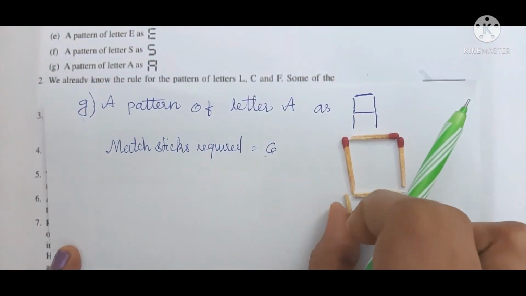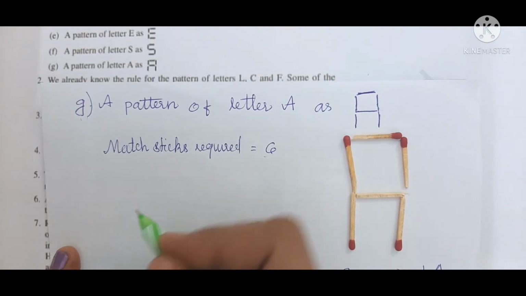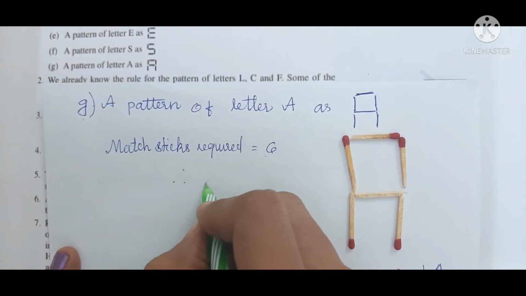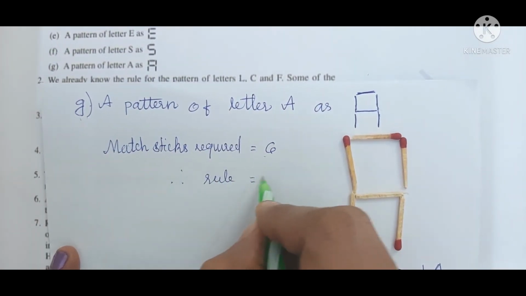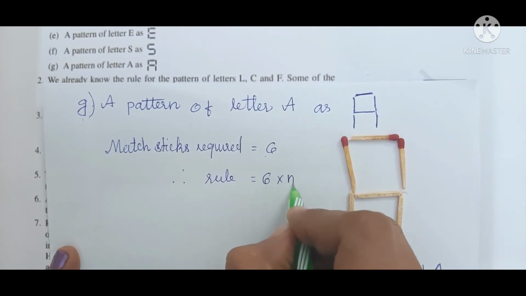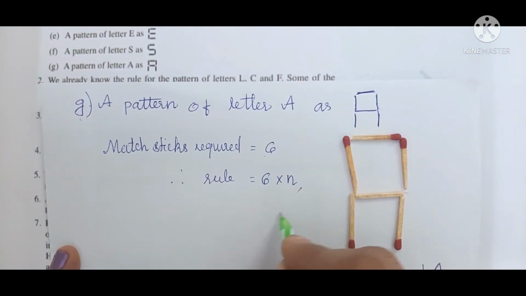Then the rule will be 6 into n. Here what is n? n is the number of A letters formed. Okay.